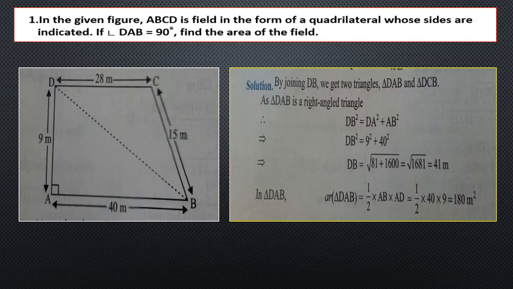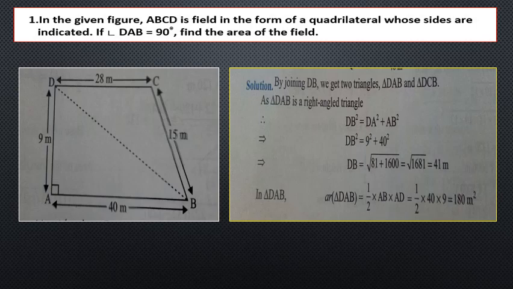Now, by joining BD, we get two triangles, triangle BAD and triangle DCB. First we can find the area of triangle BAD, that is right triangle BAD. In this right triangle, we have the two sides, AD is 9 meters and AB is 40 meters.